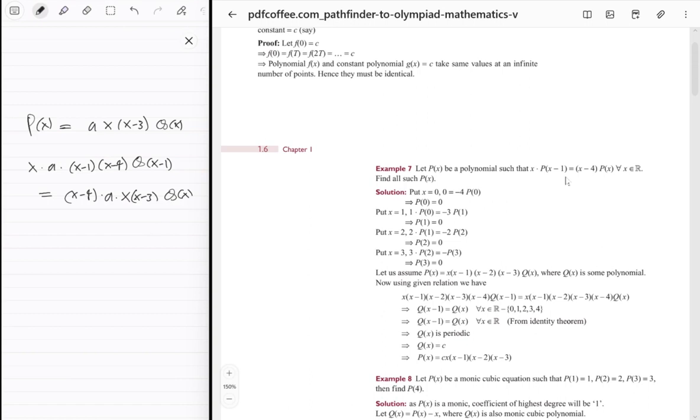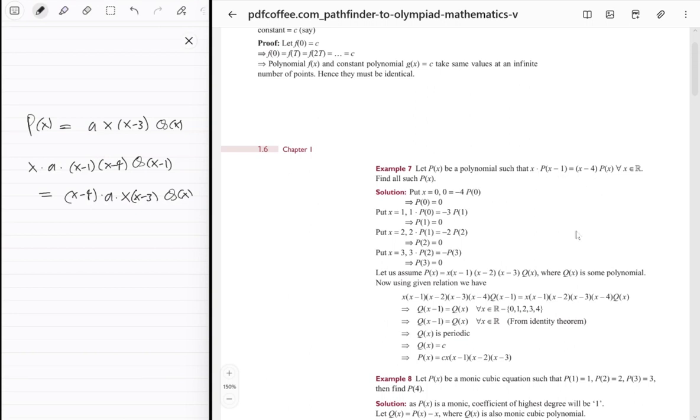Oh god. We already got that x equal to 0 is a zero of this polynomial, right? But then what about p of 1? If I put x equal to 1 in there, I get 1 minus 1 times p of 0, which is 0, is equal to negative 3 times whatever is there, we don't care about that, and then p of 1.